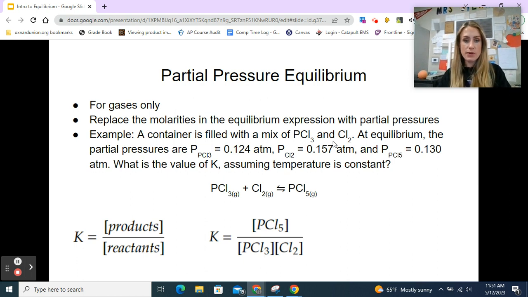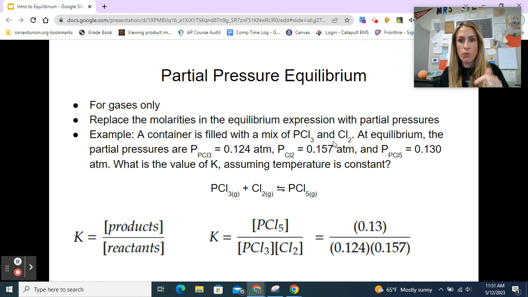I don't have any exponents in my equilibrium expression here because there's no coefficients, so the exponents are all 1. Plugging in my numbers here, I get 0.13 on the top, and then my pressure for PCl3 was 0.124 atmospheres, and then my pressure for chlorine gas was 0.157. Doing the math here, we get 6.67 for our equilibrium constant.